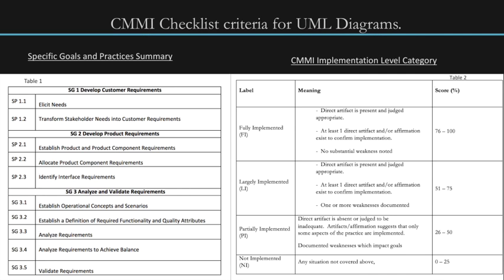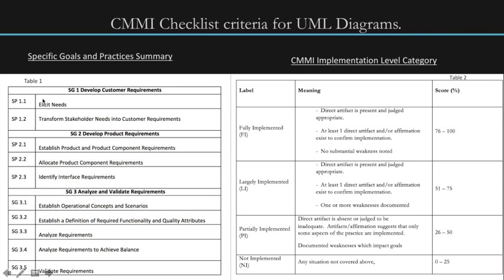This takes us to CMMI checklist criteria for UML diagrams. So the specific goals and practices summary is in table 1. We have specific goal 1, 2, 3.